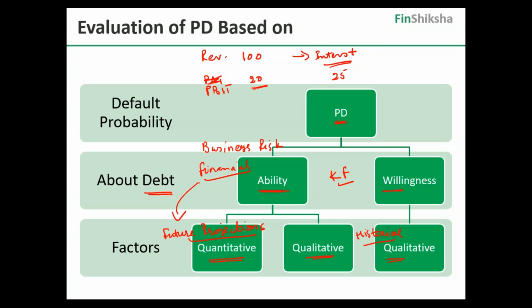So here it directly says that I cannot pay this 25 as a debt because my operating profit itself is 20 rupees. How will I be able to pay my debt? So that's a part of this quantitative analysis while we are calculating a probability of default, which is a financial risk.